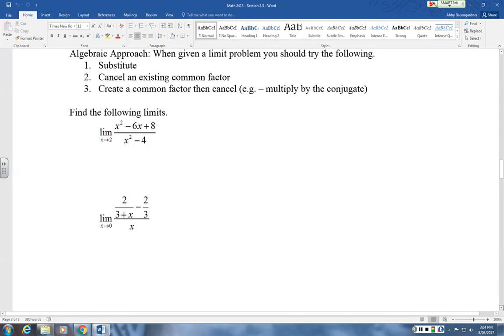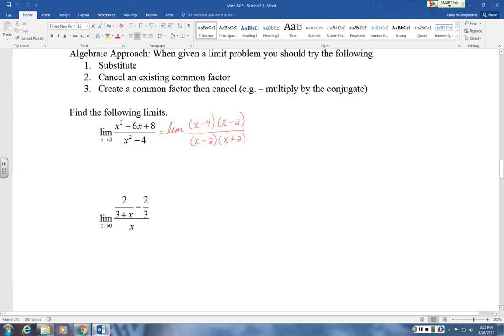So the first thing that I will do is factor this beast, right? So this will become, let's see, x minus 4 times x minus 2. And in the denominator, we would have x minus 2 and x plus 2.